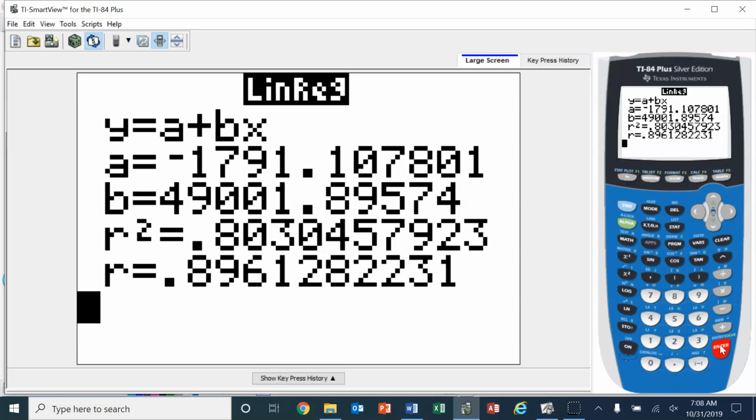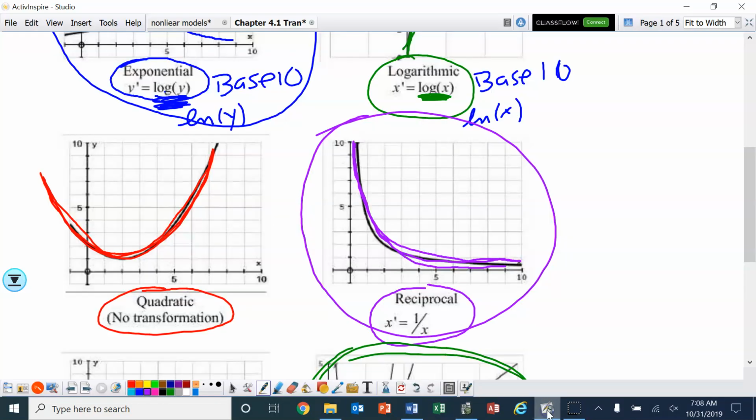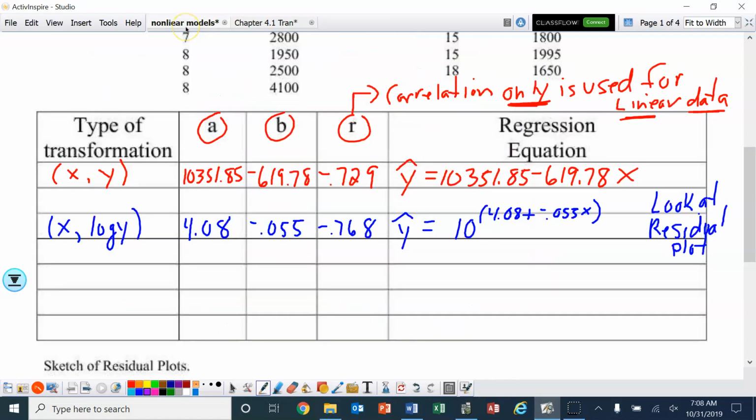All right, so let's see. We've got A as negative 1791.11. We've got B as 49001.90, and R is 0.896. So that's definitely better.